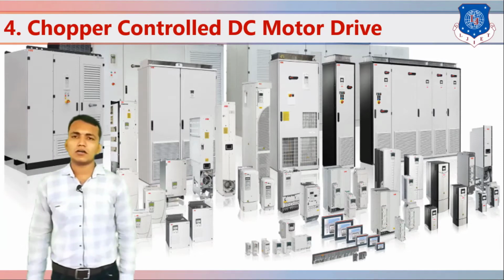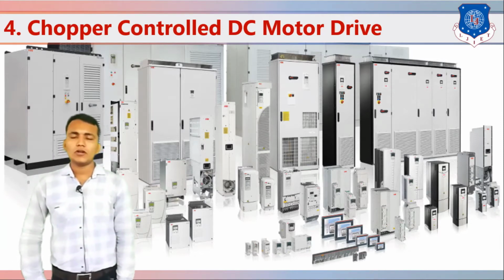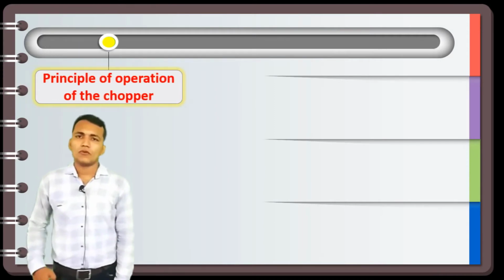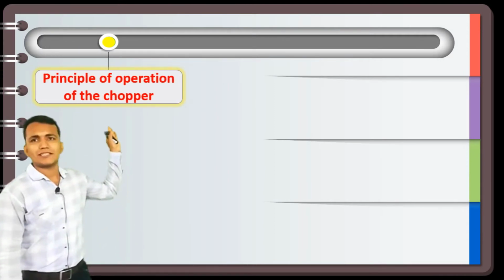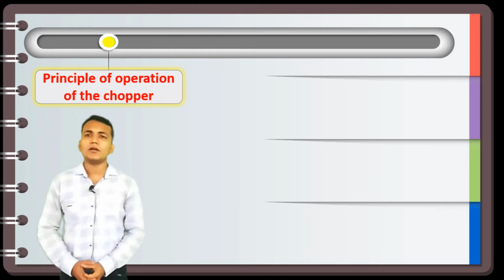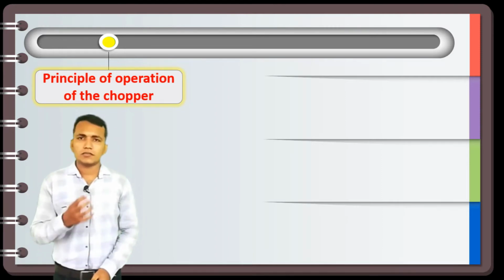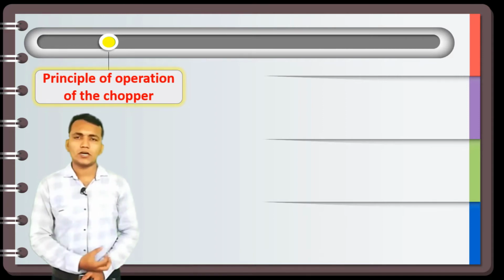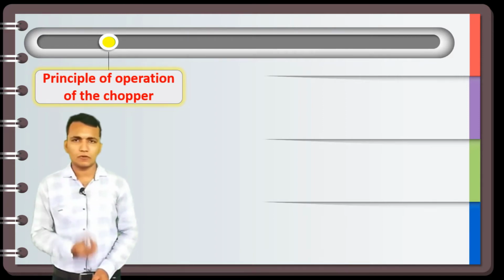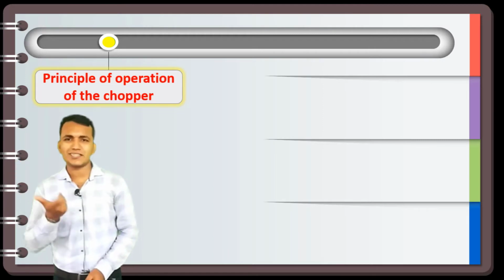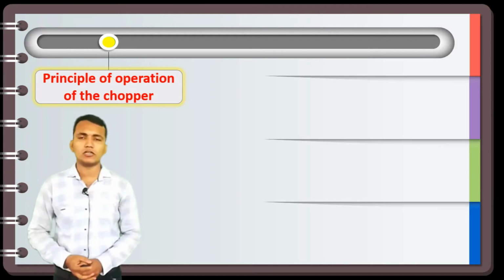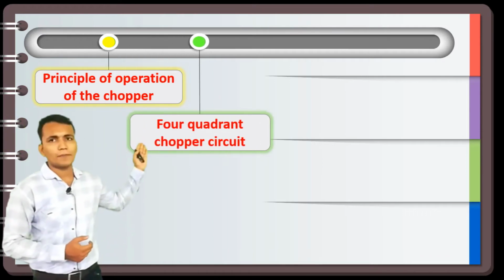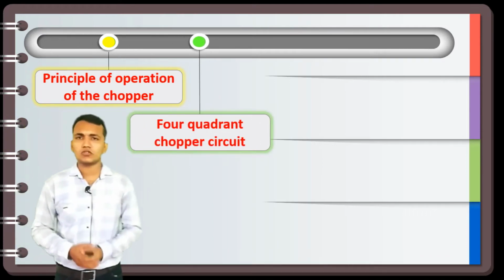In this chapter number 4, the first topic is the principle of operation of chopper. In this first topic we will discuss the basic principle of the chopper circuit and how it works, how it converts fixed DC voltage into a variable DC voltage. Then the second topic, which is a most important topic, is the 4-quadrant chopper circuit.